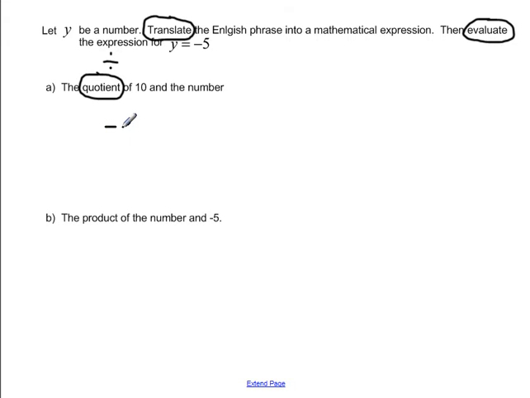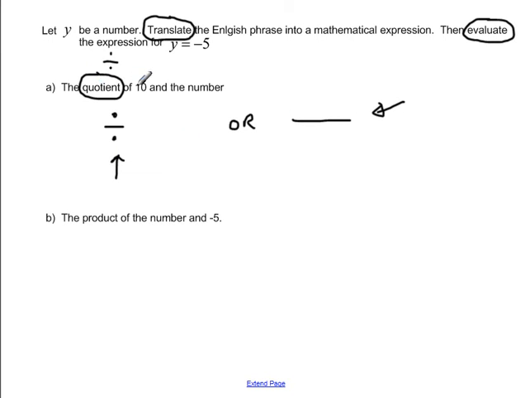We could write it with the division sign like this, or we could write it like a fraction. And it's good to have both of these that we're able to do. And this way is actually the preferred way in algebra. We're going to see less and less of this division symbol and more of the fraction symbol.